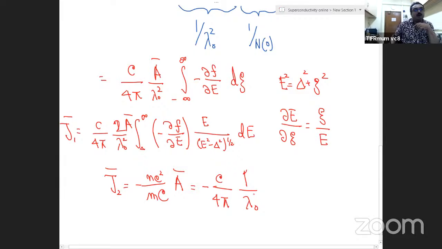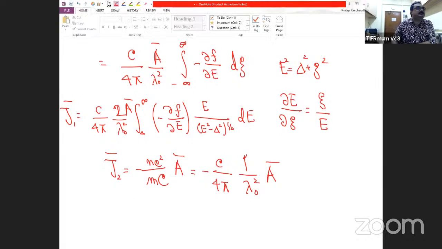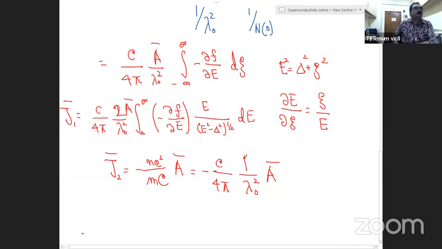This will be 1 by lambda 0 square into A. All right, now if we have J2 and we have J1, then we can get J, because J is J1 plus J2. We have already shown actually superconductivity because both J1 and J2 are proportional to A, which means that J is proportional to A.